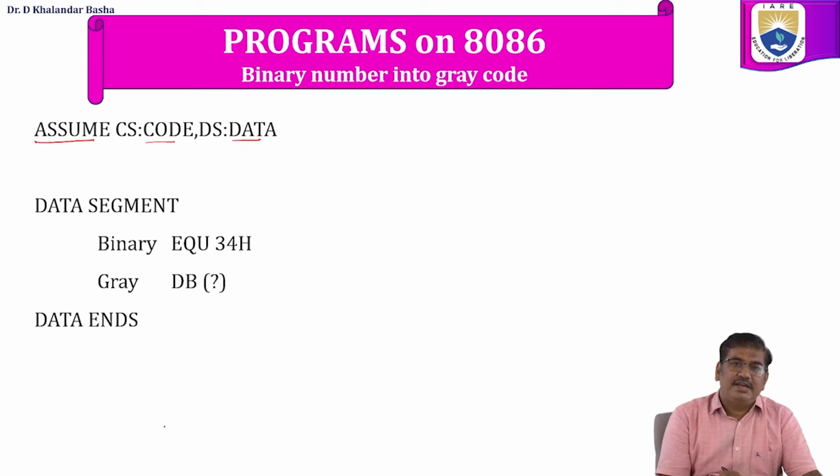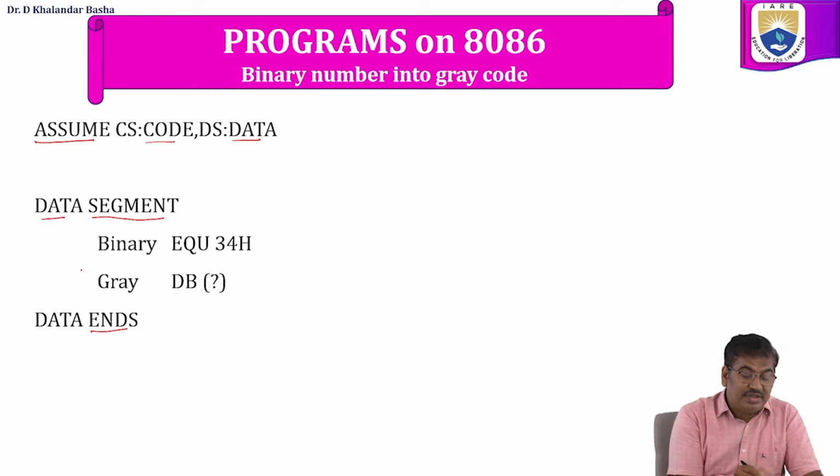Next, we will write the data segment with the directive SEGMENT for the start of the segment, and ENDS as the directive for indicating the end of the segment. As this one corresponds to data, we will precede this with data.